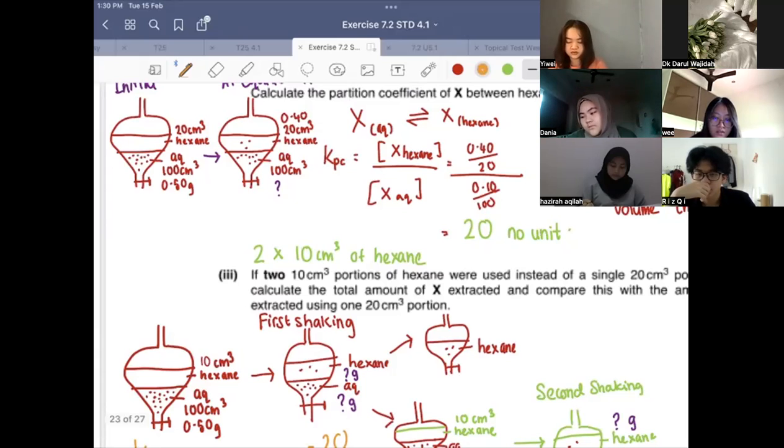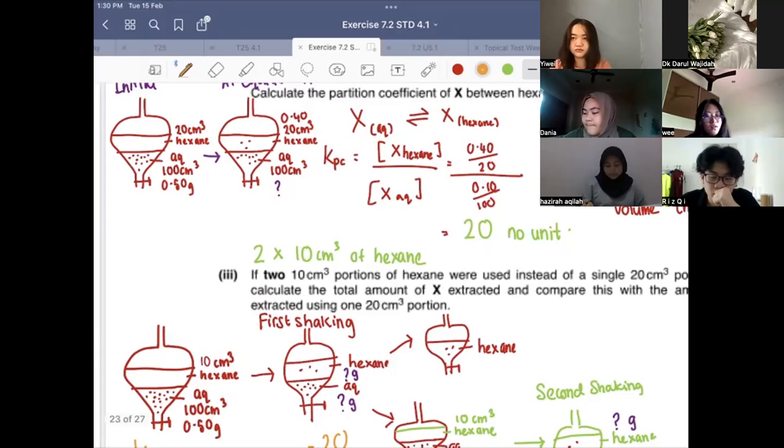Anyone would like to try answering? There are two unknowns here, but I know that the total of X in aqueous plus the total of X in hexane is equal to my initial mass, which is 0.50 grams. So how do I write the mass of X in aqueous?